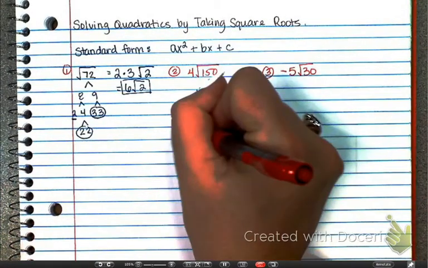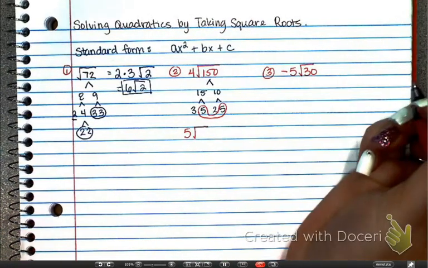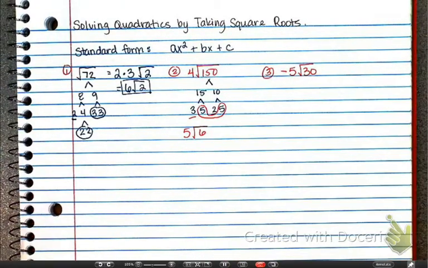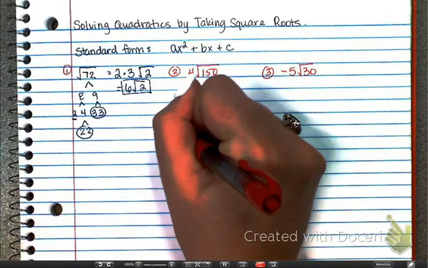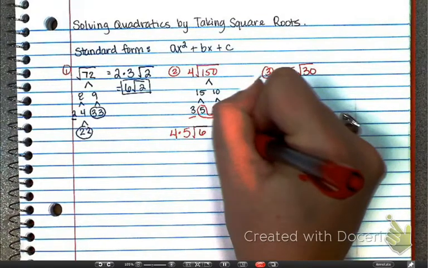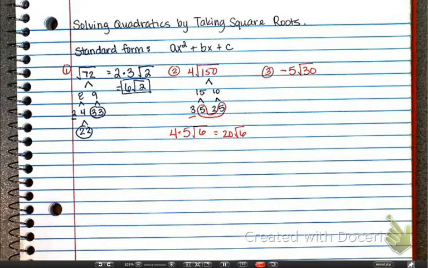That 5 comes out. And what's left inside? 3 and 2, which is 6. So is my answer 5 square root of 6? No. I need to multiply by that 4 that was already chilling outside. So 20 square root of 6 should be your answer.